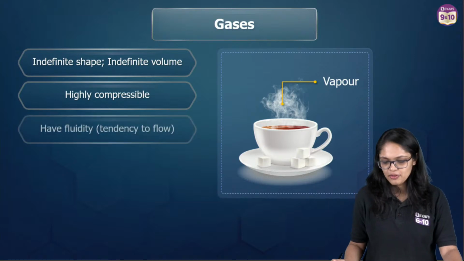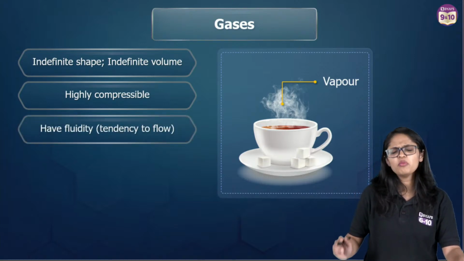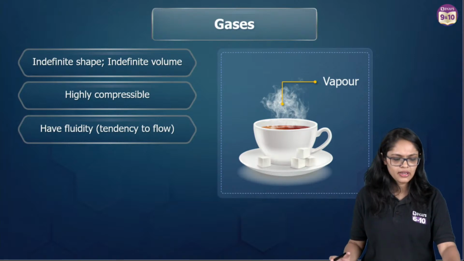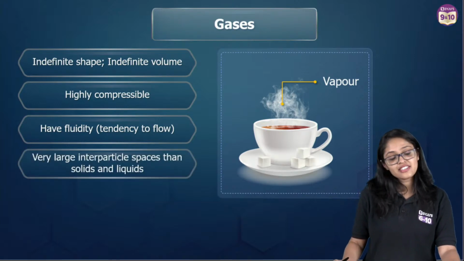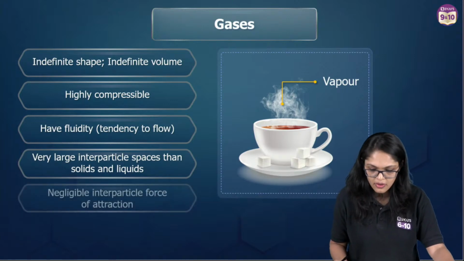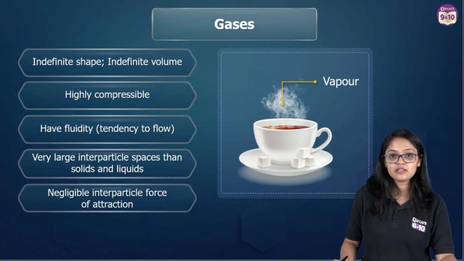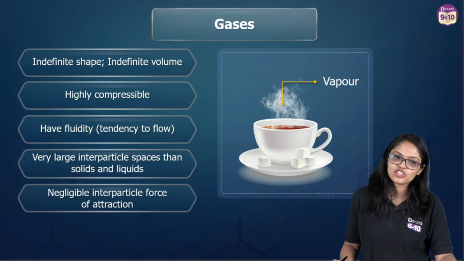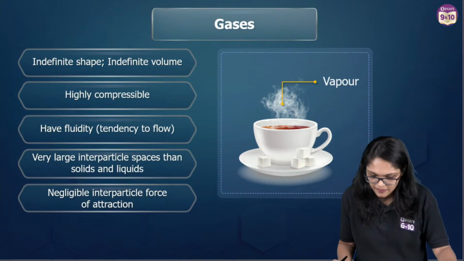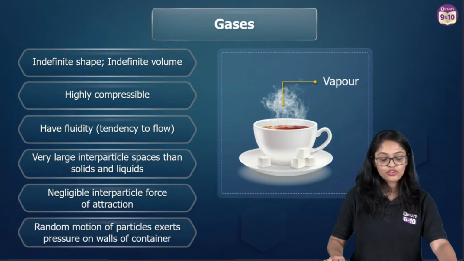They do have fluidity, just like water. They have more tendency to flow. Also, very large interparticle spaces and the force of attraction is also less. Negligible interparticle force of attraction. Also, random motion of particles.